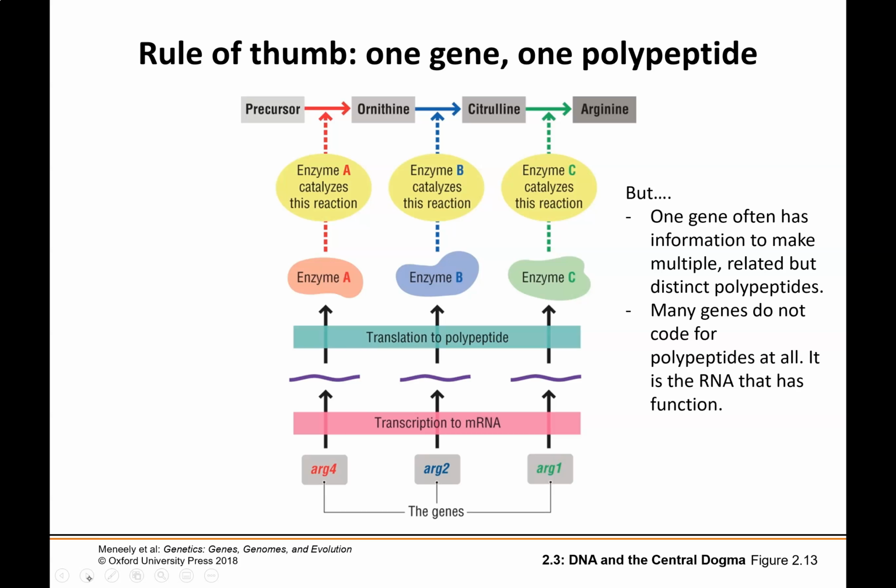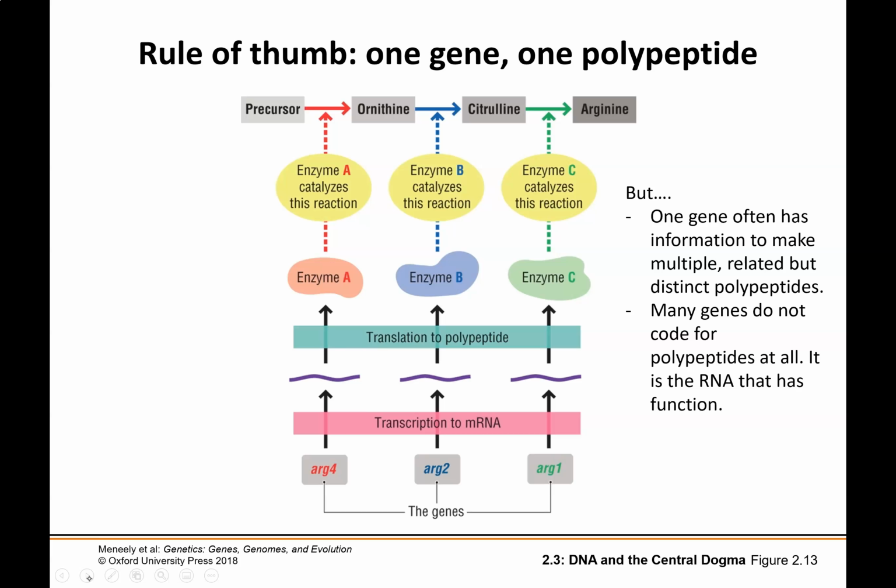Also, as a part of a review from chapter 2, I wanted to go through the one gene, one polypeptide hypothesis. So decades ago, when researchers were studying DNA as the molecular coding molecule, they put forth the hypothesis that each gene in the genome codes for one messenger RNA that codes for one polypeptide that produces one specific step in a phenotype.